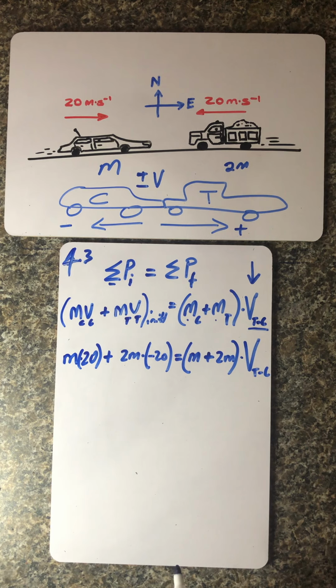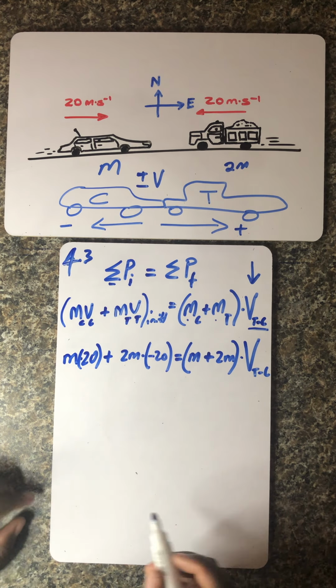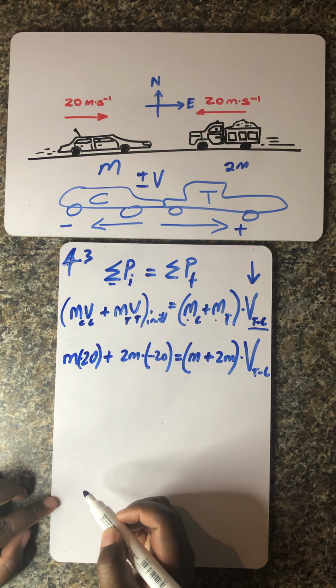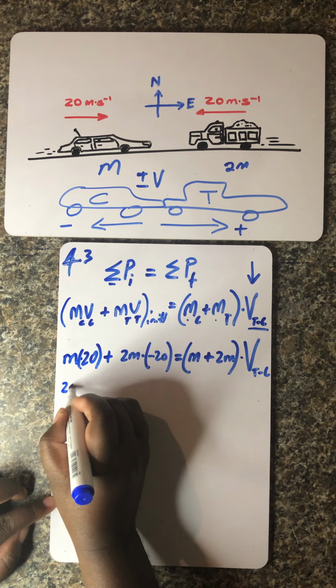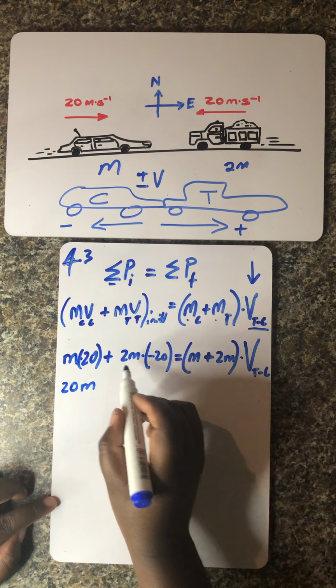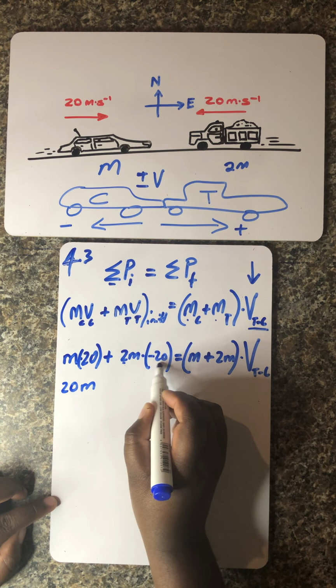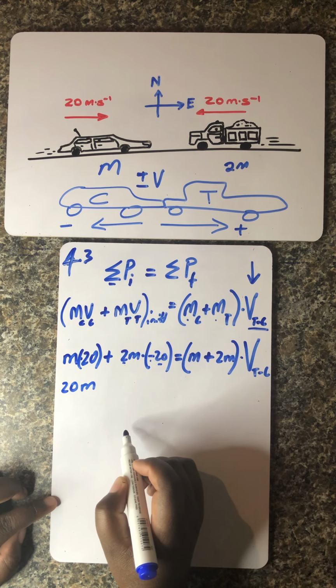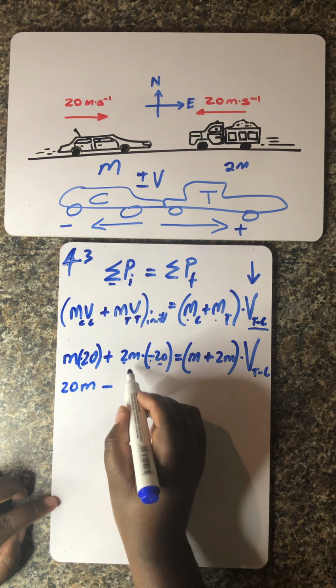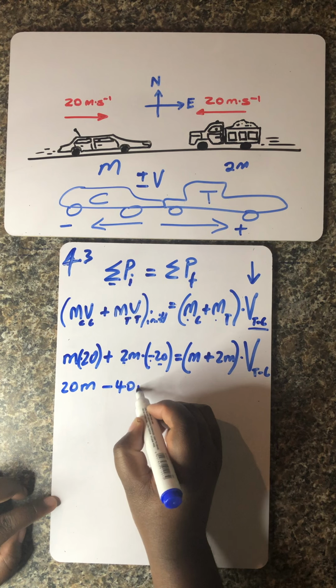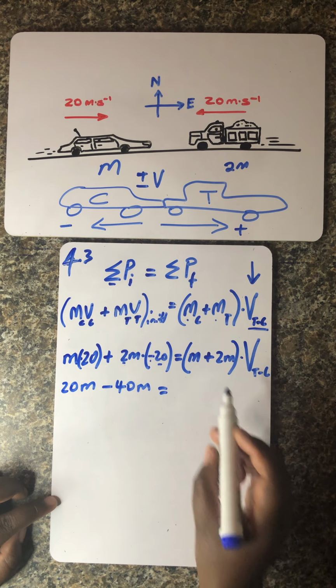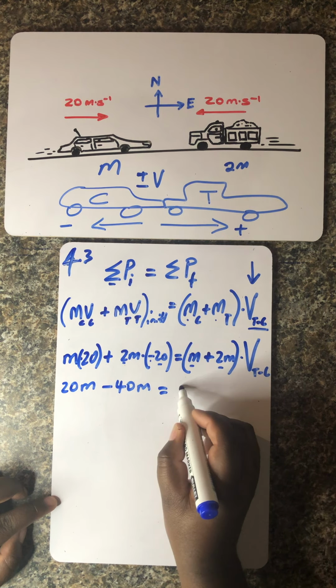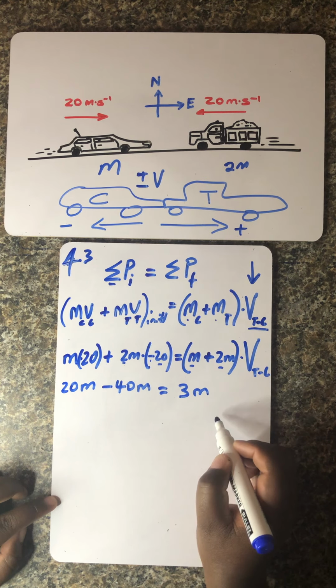So now, ladies and gentlemen, you can easily calculate. You've got 20 times m, which is just 20m. You've got 2 times 20, and you've got a minus sign there, which makes it minus 40m, which is equal to that plus that. It's obviously 3m.